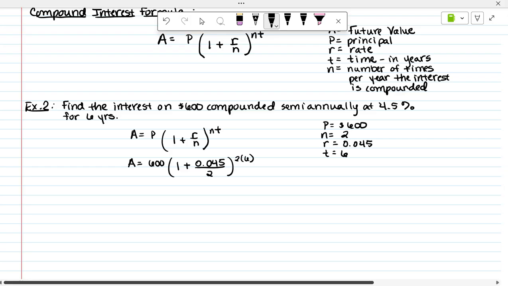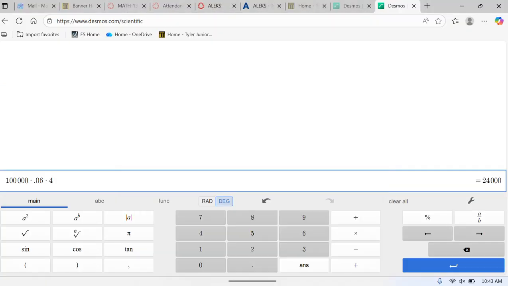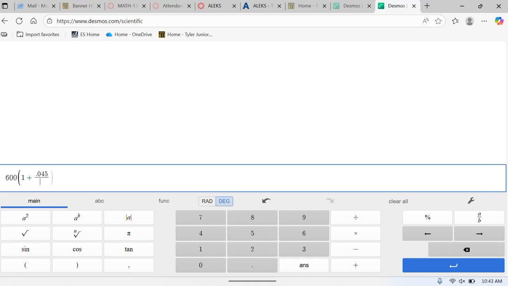So what I would do is either go to your multi-view, or I'm going to go to the Desmos calculator today. And I'm going to delete all that, and let's see if we can build that. I've got 600. I have parentheses 1 plus, then I'm doing 0.045 divided by, and you see how nicely Desmos will go ahead and stack those fractions for me. 2.